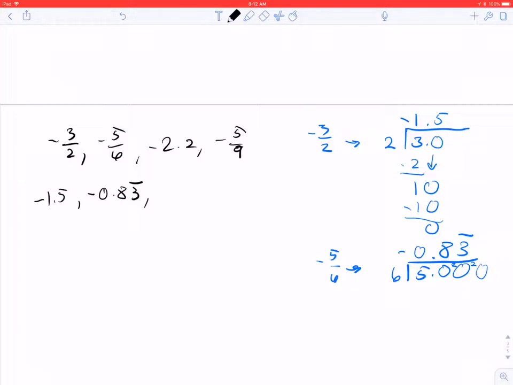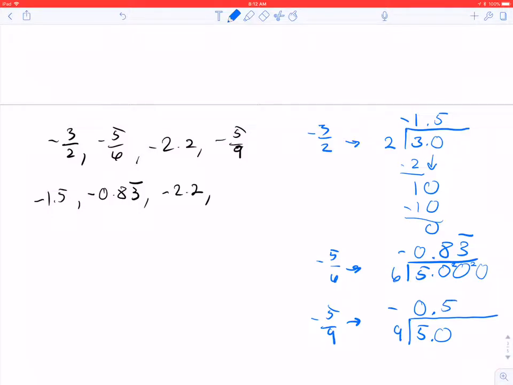Now 2.2 is already a decimal, so we have a negative 2.2, and then 5 over 9. So negative 5 over 9, that means we're going to say the 9 into 5. We know the result's going to be negative. Our decimal is here. Notice the 5 is too small for the 9, so we add a 0. 9 times 5 is 45, and 6 is too much, so it'll be a 5 there. 9 times 5 is 45.